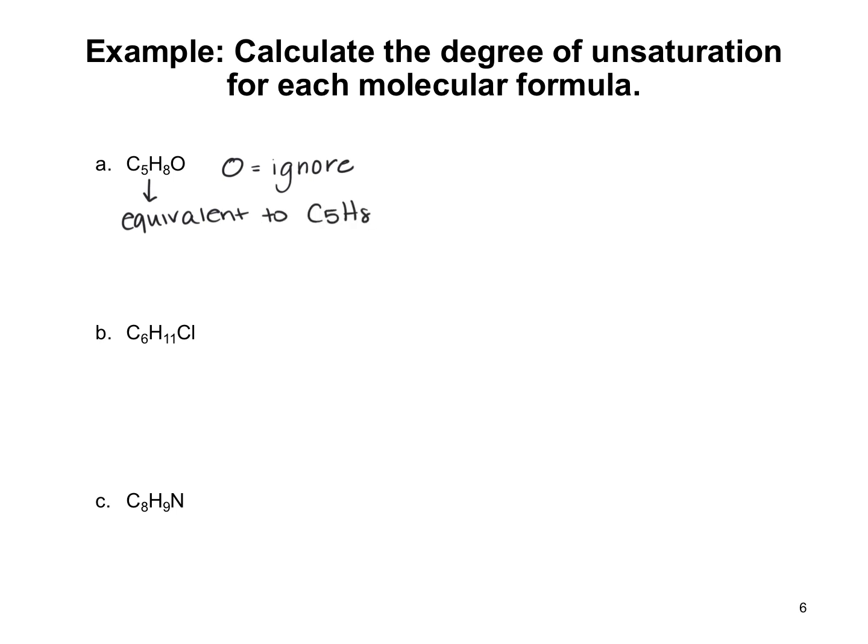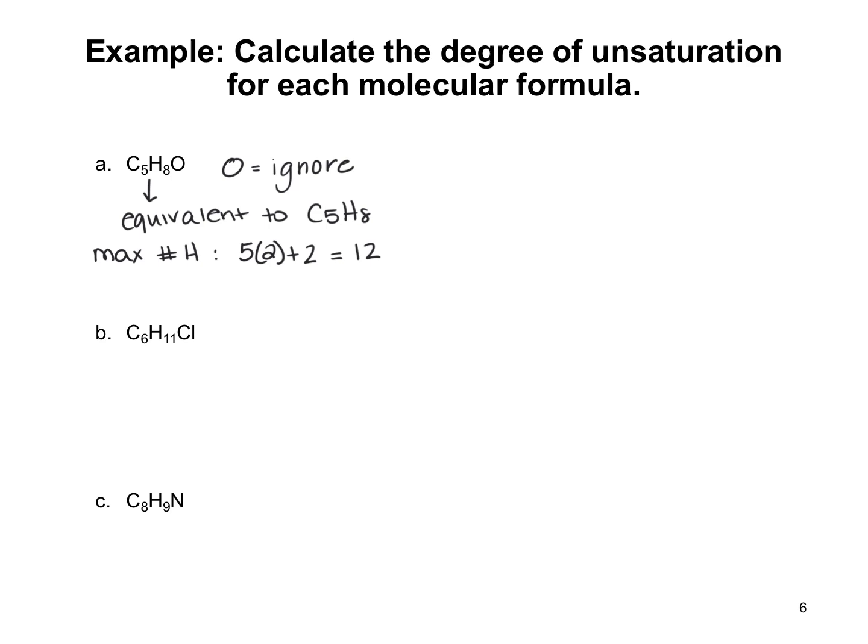To figure out the degree of unsaturation, we just proceed like we would for any hydrocarbon. We look for the max number of hydrogens. So 5 times 2 plus 2 equals 12, right? That's the max number it can have.